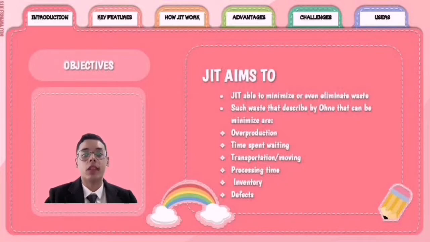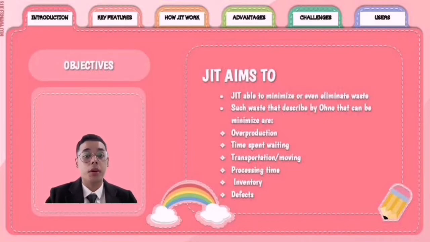Next point is time spent waiting. The idle time between worker A completing the goods and sending them to worker B is reduced when you are implementing JIT.